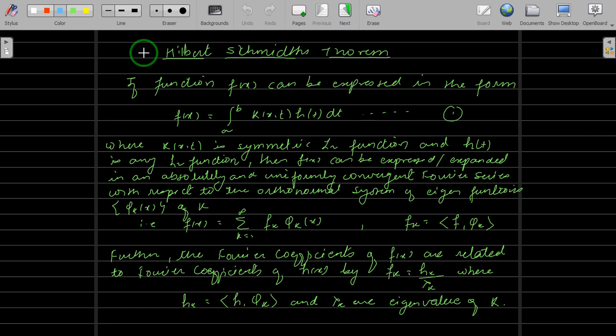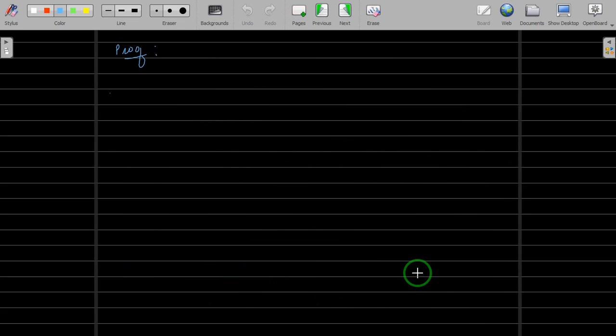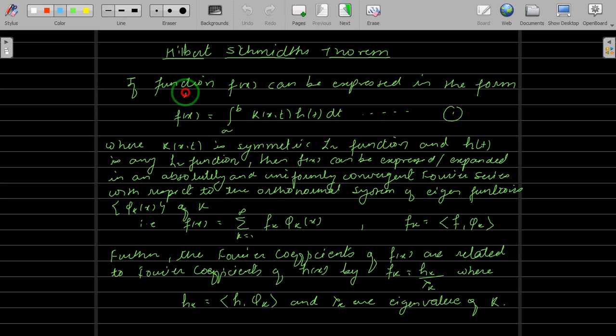First let us prove that f_k is equal to h_k upon lambda_k. That relation we will prove first. So f_k is given by the inner product of f with phi_k, and this is nothing but the inner product of Kh with phi_k, since you can write f as Kh, the shorthand notation we have seen earlier.